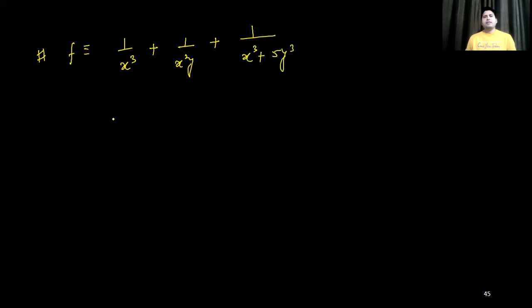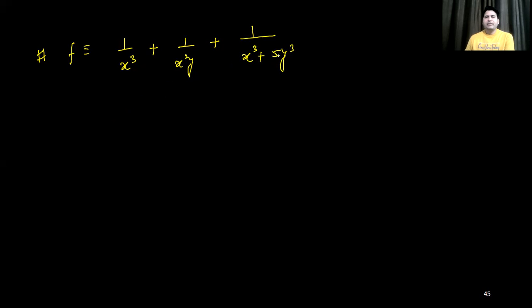One last question on this concept. If f, in case of two variable, f is a function of two variable and the function looks like this. This is the function we are having.